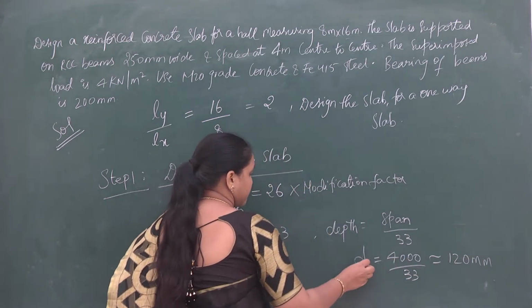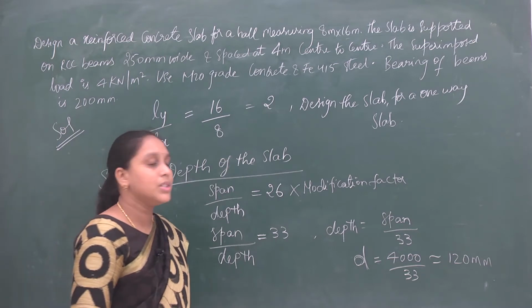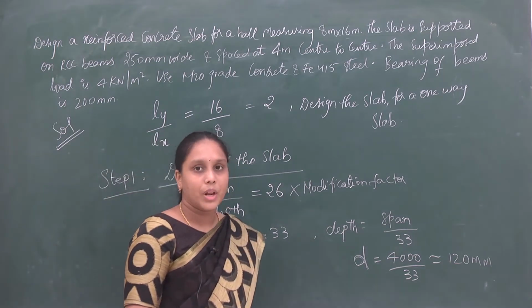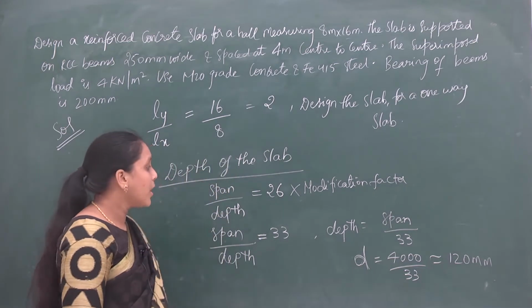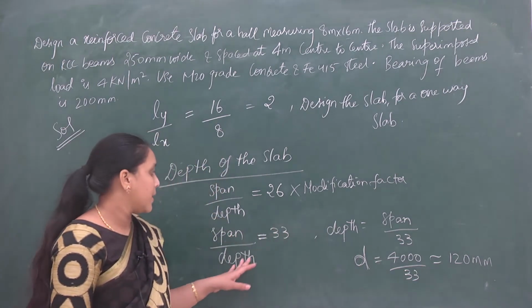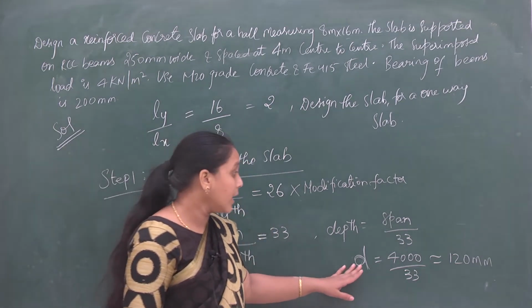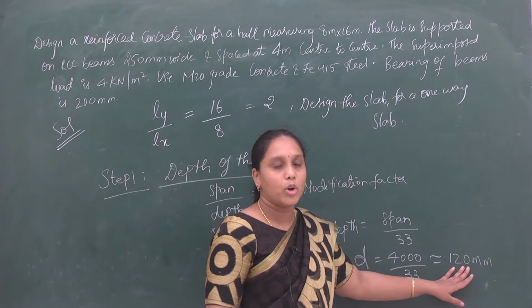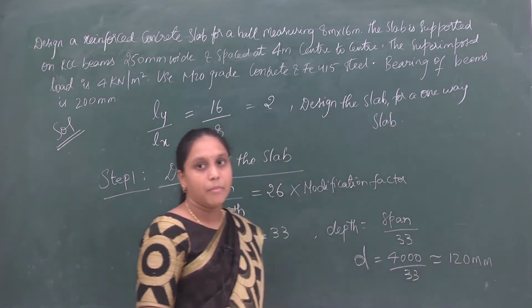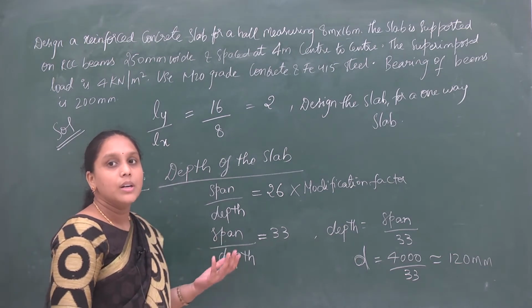So here the effective depth, what I am going to take is 120 mm. So now what? First we have adopted a span by depth ratio as 33, and from that we have calculated the effective depth d, which is approximately 120 mm. Now we have to calculate the overall depth of the slab.